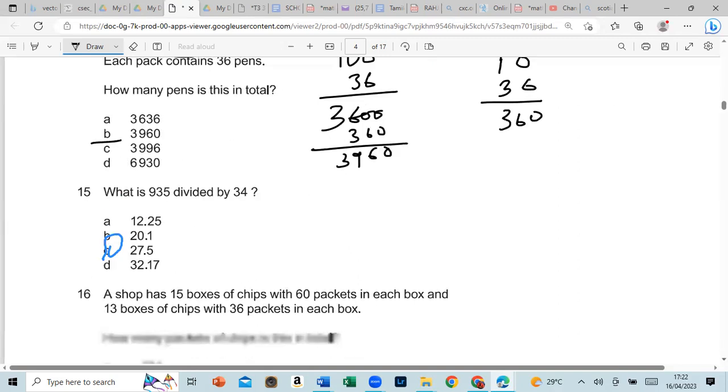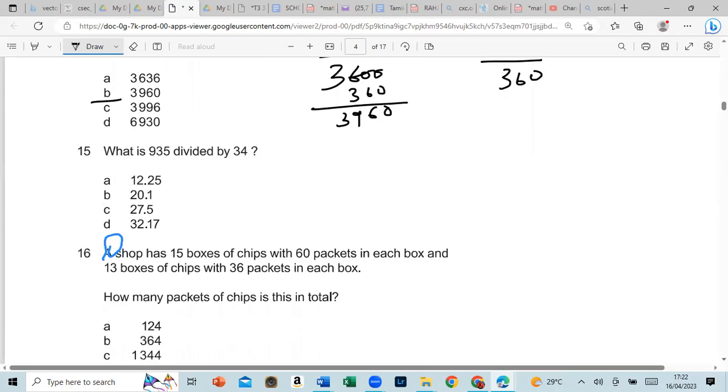All right. What is 935 divided by 34? I was already working it out and I got C. 27.5, C. Oh, you guys are working it. All right, that's fine. But I want everyone to work it out. What did you get, Luke? What did you get, Gabriel?